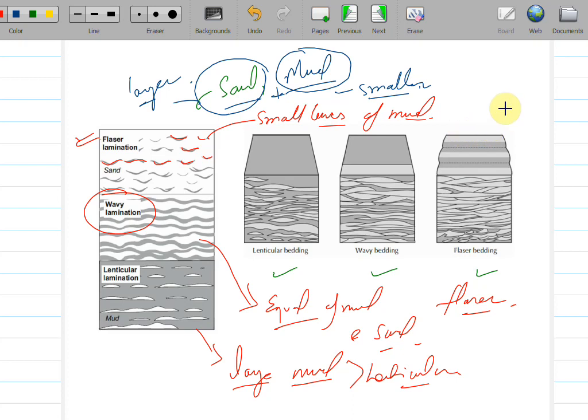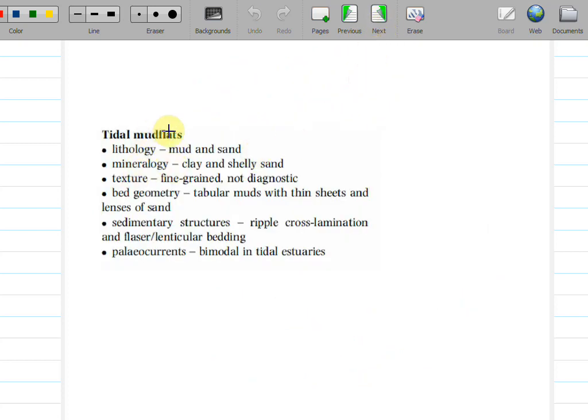Okay, so this is pretty simple. This is again found in your coastal regions. Okay, so sorry, your flaser, wavy and lenticular laminations are found in your tidal mud flats, generally your coastal regions. Okay, so flaser and lenticular bedding. So environment, you have to know that in which environment these type of structures are found.